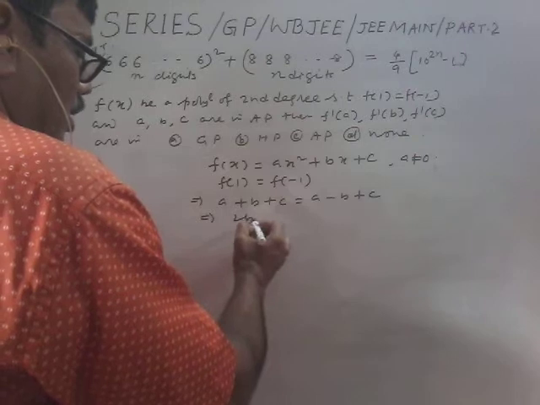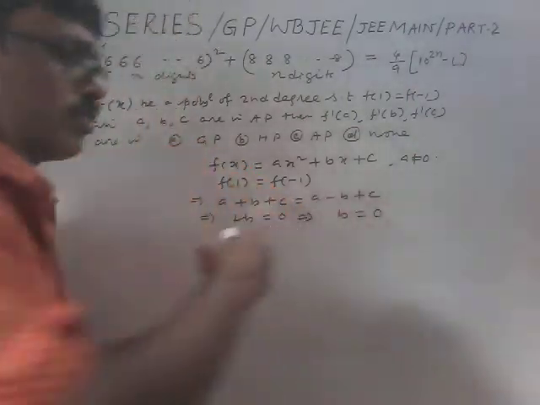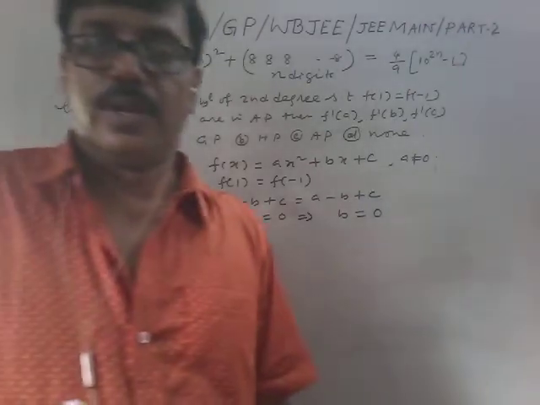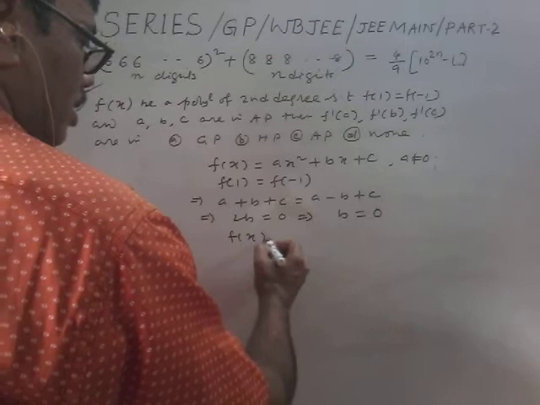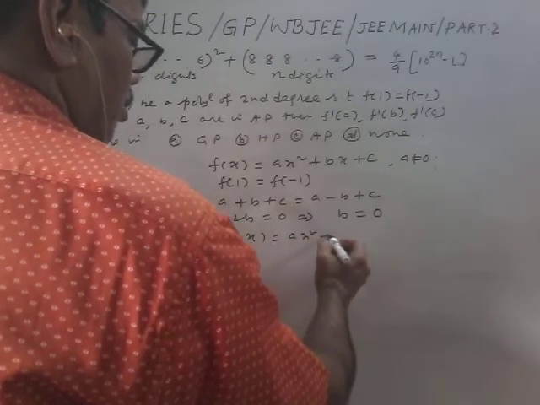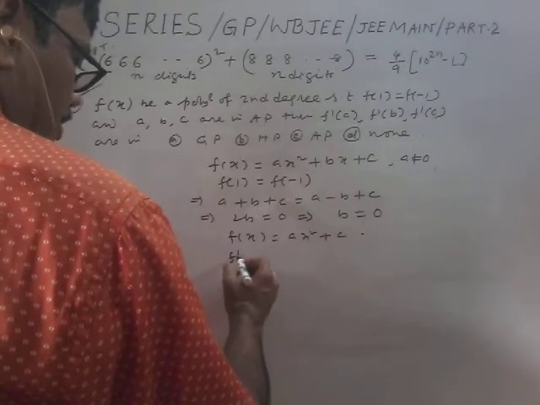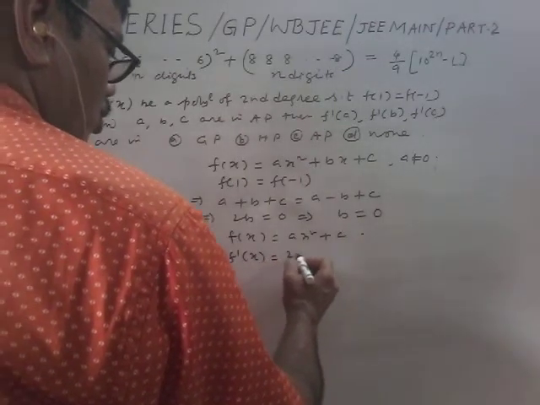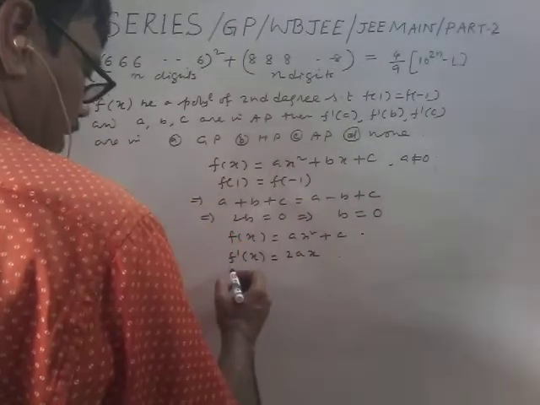So we are getting 2b equals 0, that is b equals 0. So the polynomial reduces to f(x) equals ax square plus c. Now what is f'(x)? 2ax.